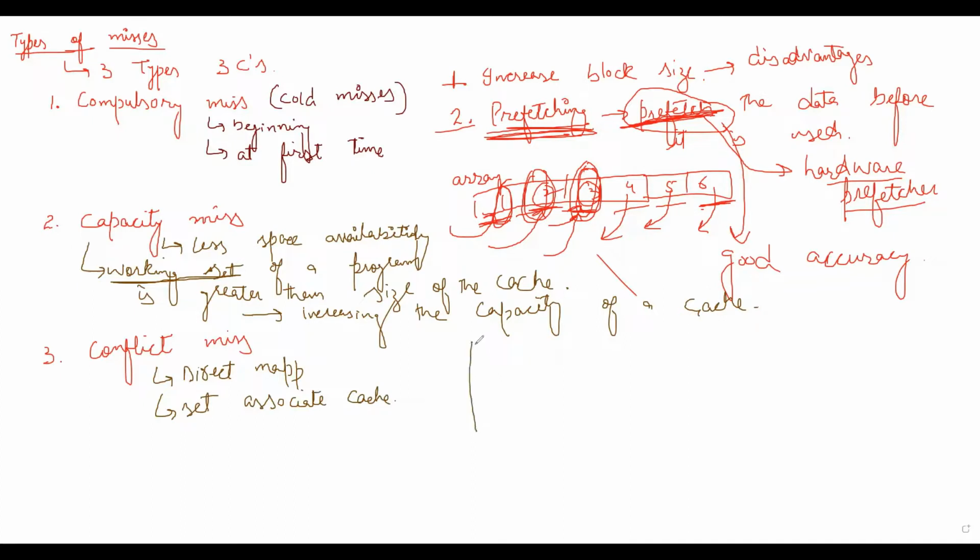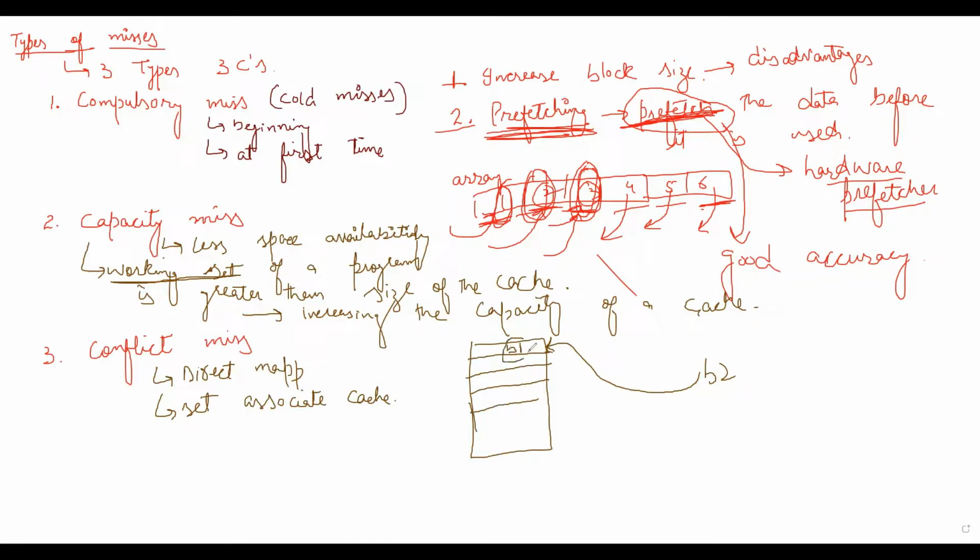For example, in a direct mapped cache, I have a block here, block B1. Let's suppose I am getting another block from main memory, and this also maps to this location. Even if there are 3 other locations here, since it maps to this location, I cannot place it at the other locations.